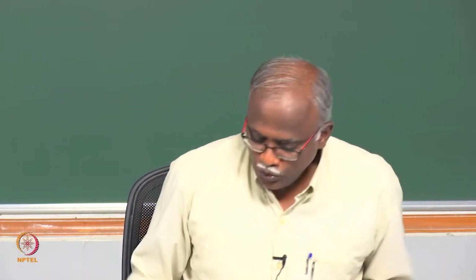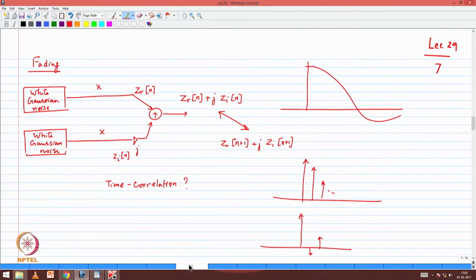Okay, so then we go back to asking the question where we ended in the last part of the last lecture. If I want to generate a fading channel, ZR of n plus j times Zi of n, I need to generate a sequence of independent complex Gaussian random variables. Now that's what this process will generate for me.